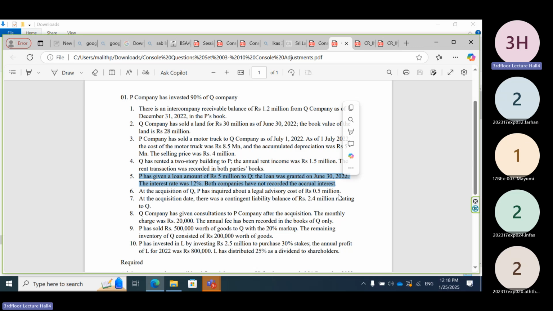In P's book, it's a receivable. In Q's book, it's a liability. P has given loan to Q, right?